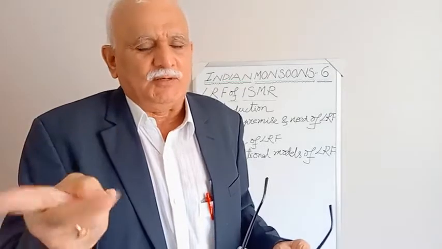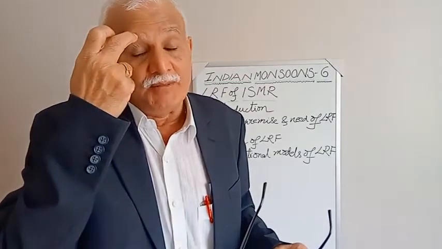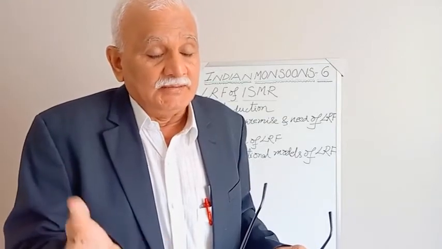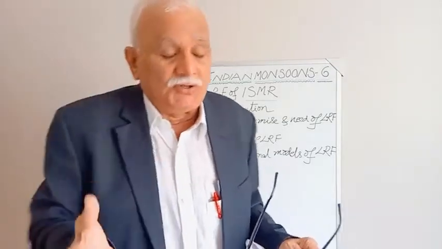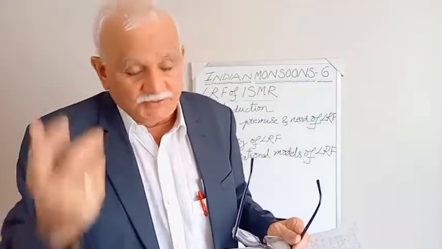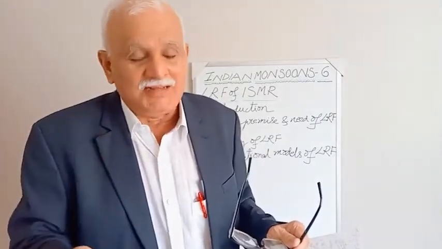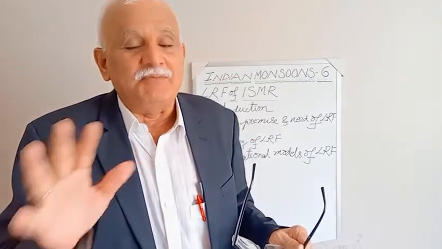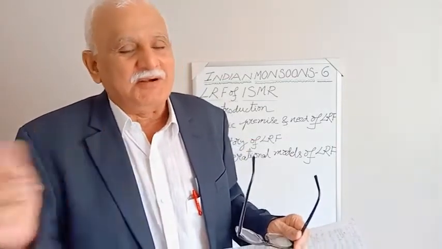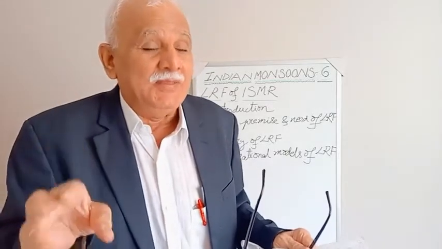Just 2 years before that, Blandford, a scientist in the British scientific system, had come to India. He established the India Meteorological Department, at that time called the Imperial Meteorological Department, in the year 1875.